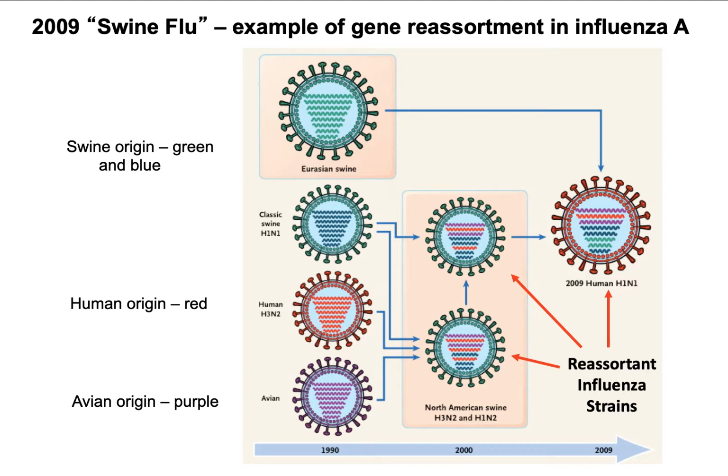But you can see that it contains some purple fragments from avian origin, some from swine origin, and some from human origin. In some cases, when you get these reassortants, they can be quite deadly because they can attack a population that is not resistant to them.